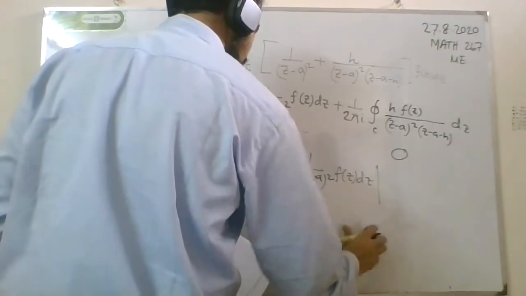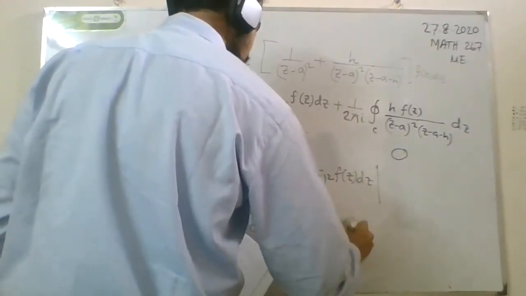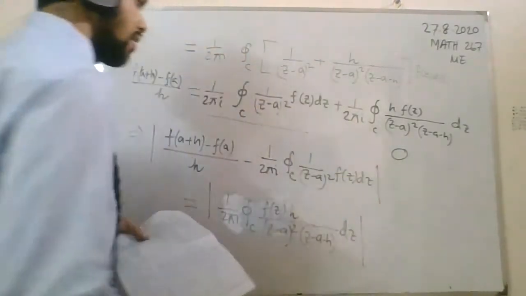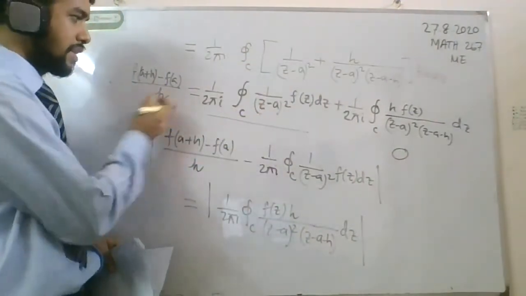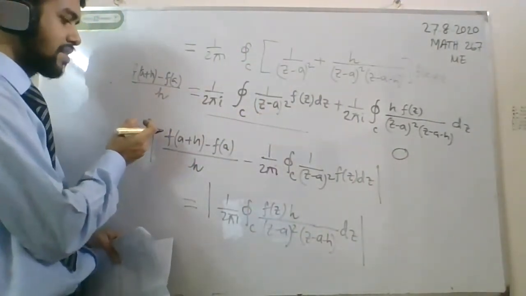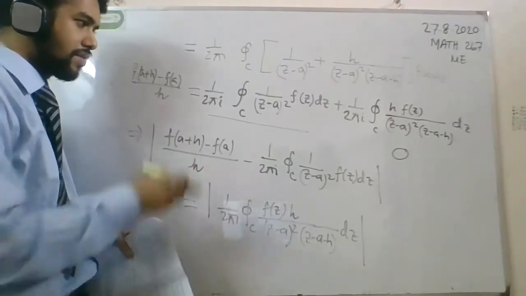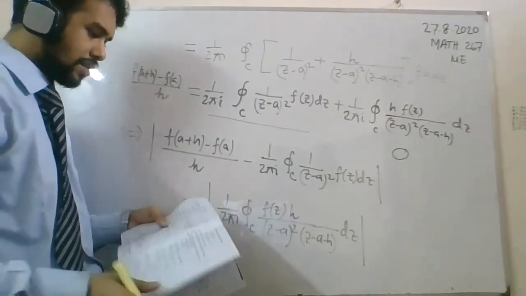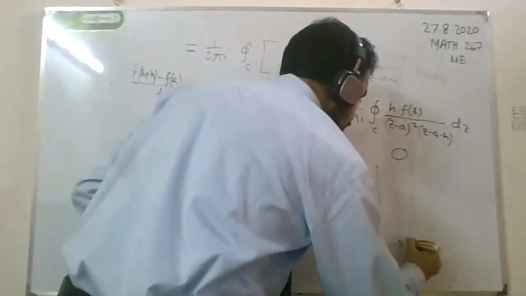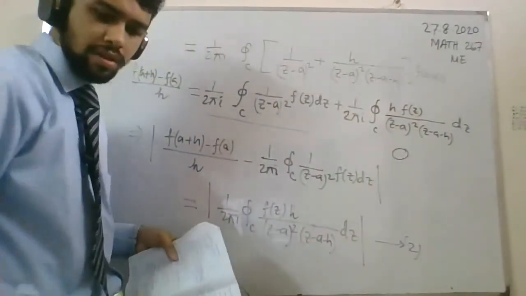So just take this term in the left hand side and take the modulus of this thing. You can write this equation number 2.